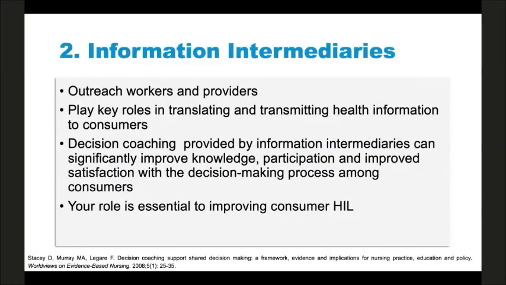So going back to the model on consumer decision making and how we can support it, we talked about decision support tools, and those are absolutely essential. But something that we believe and the research has shown to be more essential is the role of the information intermediary. This is a person who stands in between the consumer and the information and accessing the information.